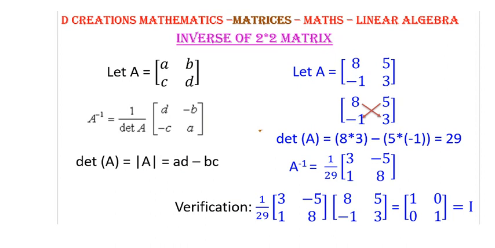For that purpose, we will consider A, which is a non-singular square matrix, with elements A, B, C, D. Then its inverse is given as 1 upon determinant of A into the matrix where the places of the diagonal elements get switched and the non-diagonal elements have to switch their sign. So A and D switch their places while B becomes minus B, C becomes minus C.